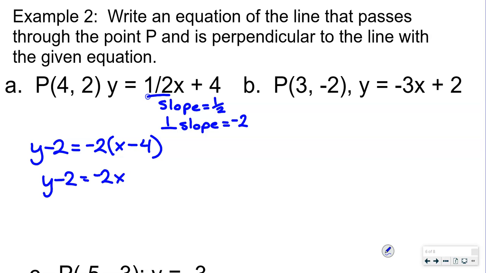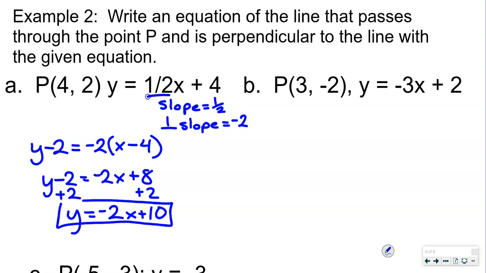We get negative 2x plus 8. Add 2 to both sides, and y equals negative 2x plus 10. And that would be the equation of a line that passes through point 4, 2 and is perpendicular to line y equals 1/2 x plus 4.